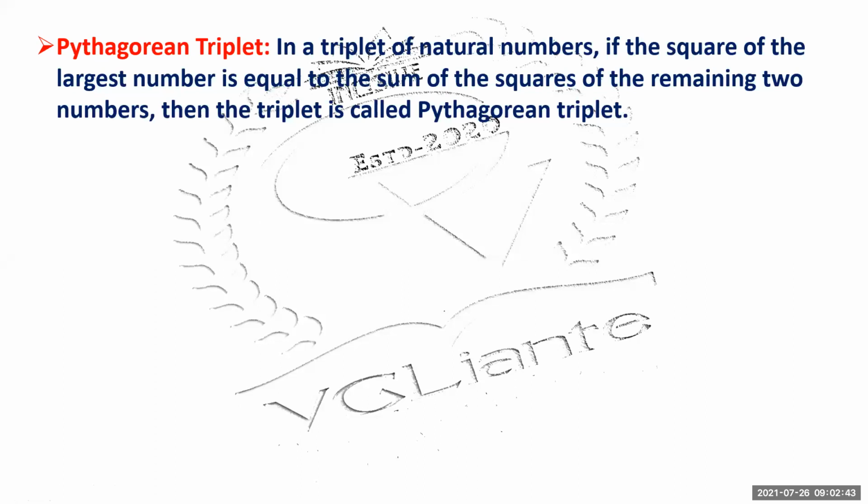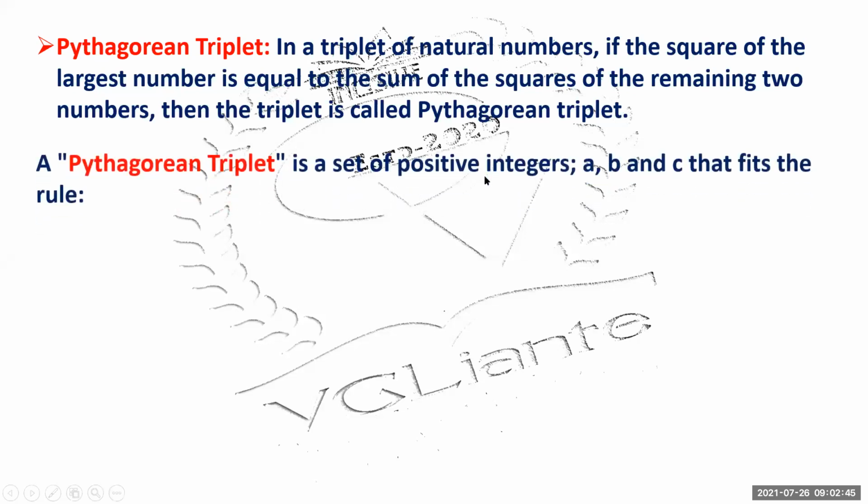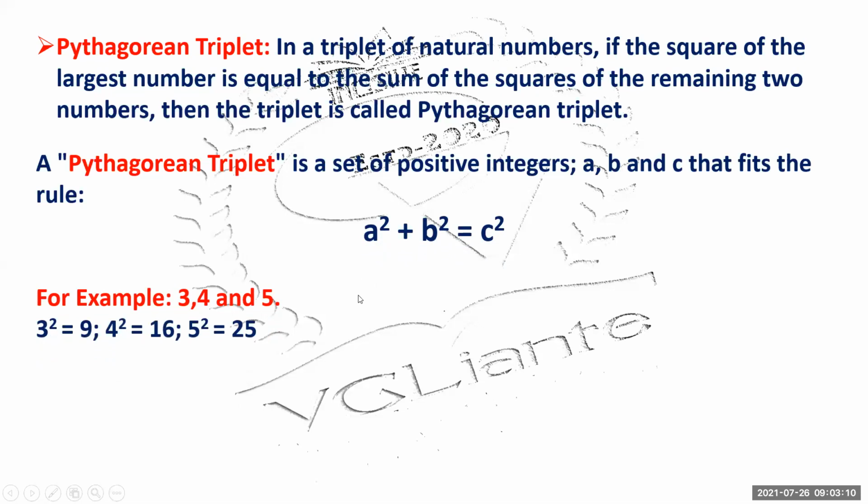It is a set of positive numbers, say A, B, and C, that fits the rule A square plus B square equals C square. For example, 3, 4, 5. So here 3 square is 9, 4 square equals 16, and 5 square equals 25.